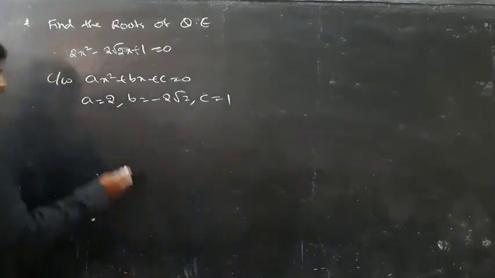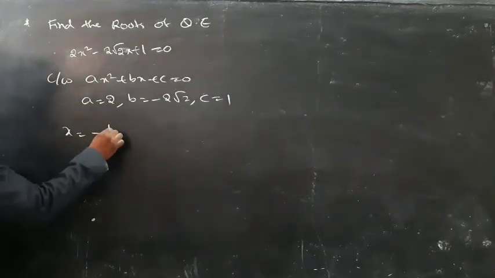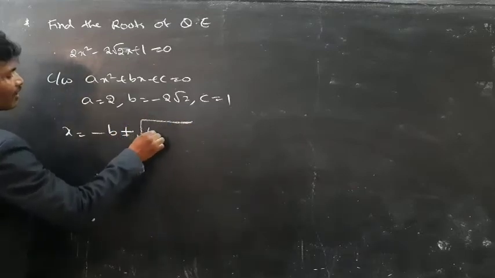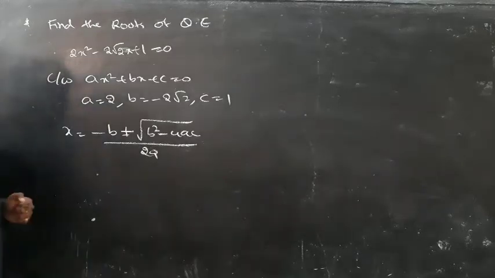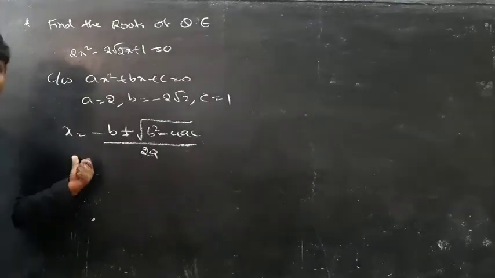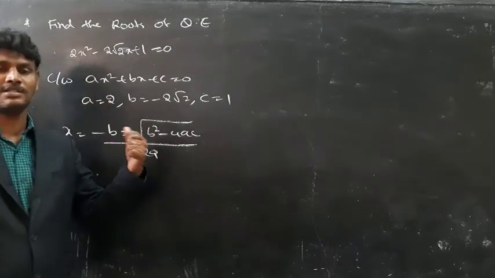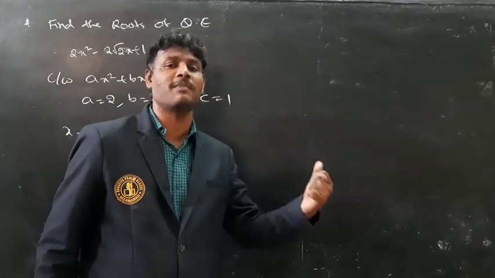So by using that, what can we write here? x is equal to minus b plus or minus under root of b square minus 4ac, by 2a. That is the quadratic formula.